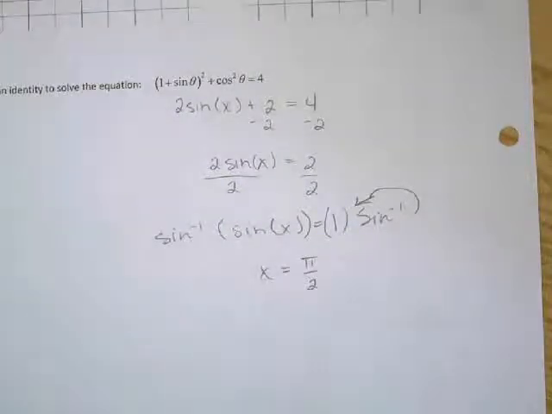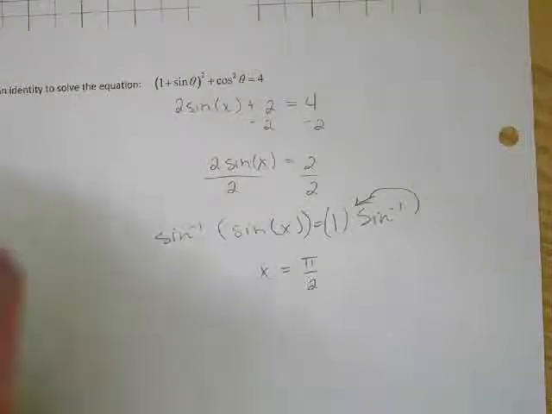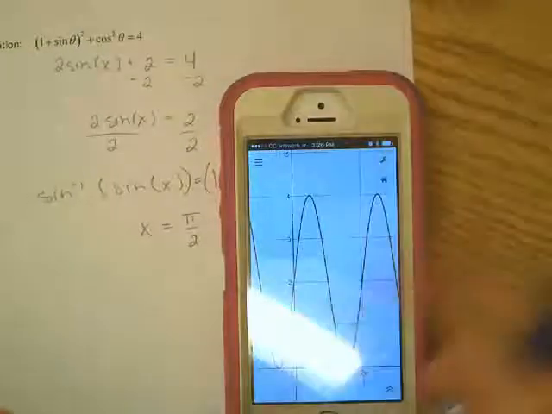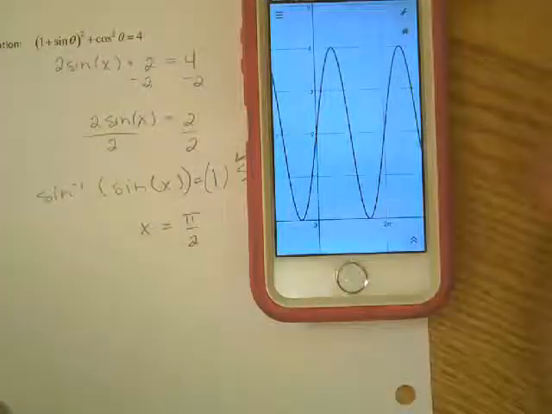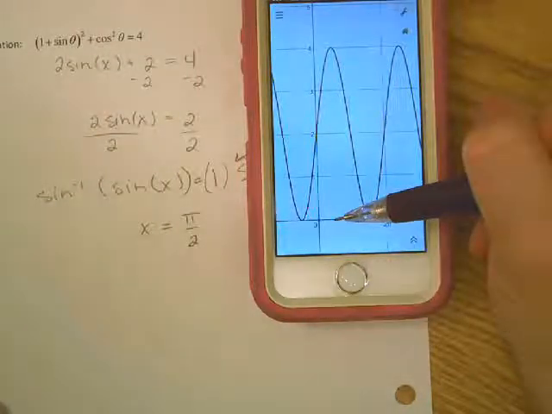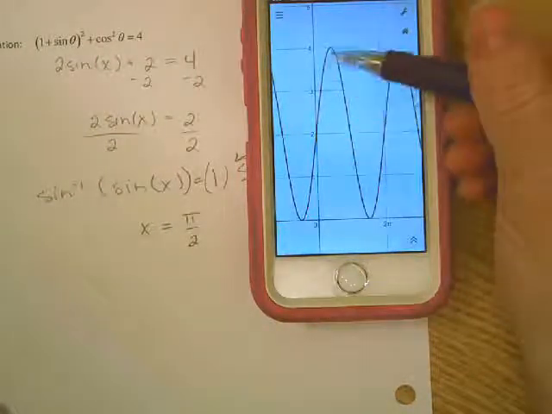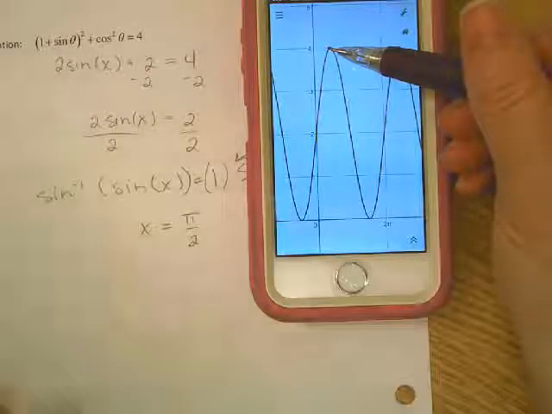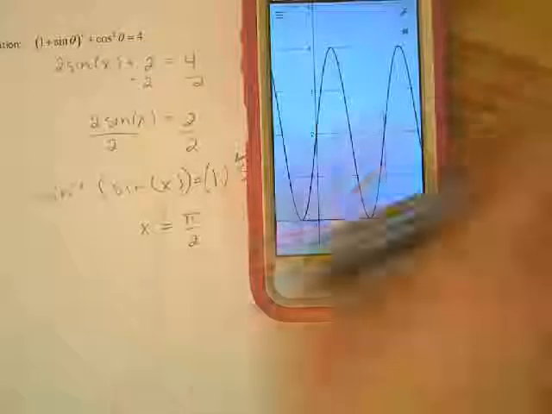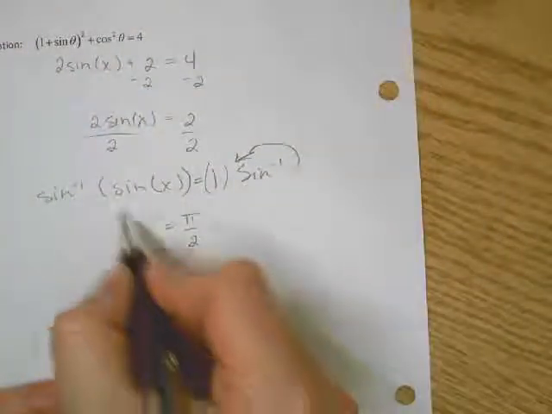And if we look at that graph, here we are. I cannot see very well, so I apologize. So here is pi right here. So that makes this pi over 2. So at pi over 2, y equals 4, which is what we're going for. So that's our only answer on that one.